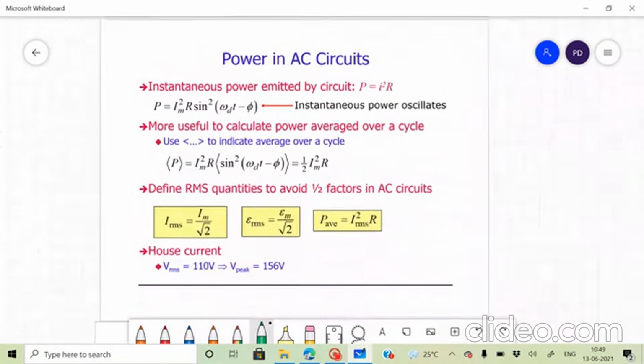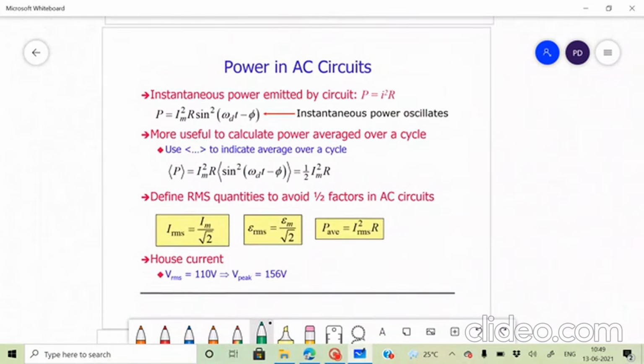The next important point is power in AC circuits, in this case the LCR circuits. We know the instantaneous power emitted by the circuit is P equal to I squared times R. It is more useful to calculate the power averaged over a cycle, and we'll use this bracket.